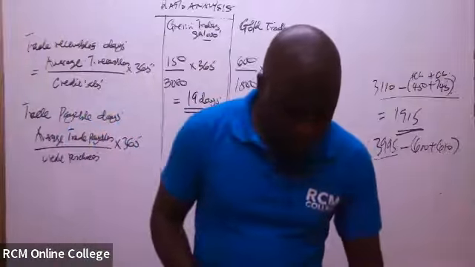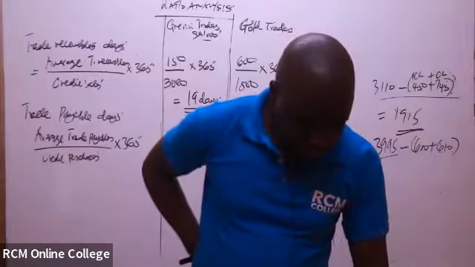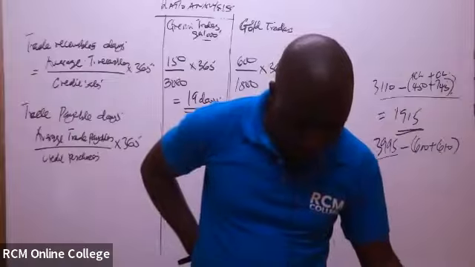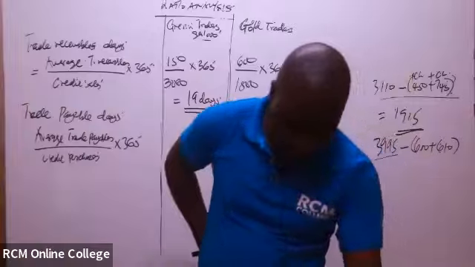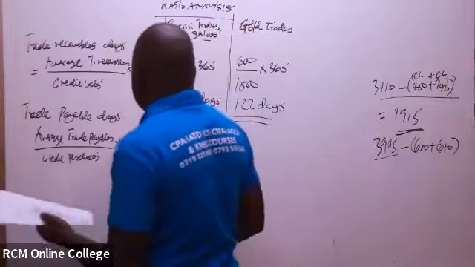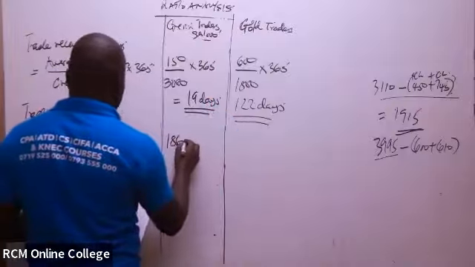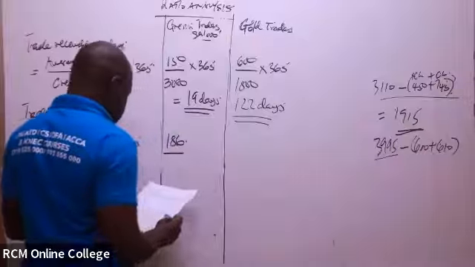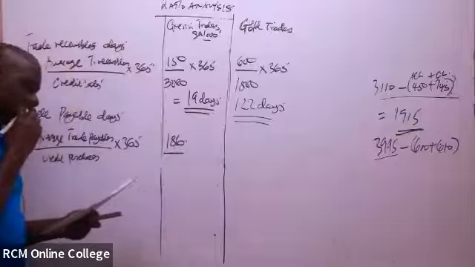The trade payables you can get there: we have in this case 186 and 330. So we have 186 over the purchases. You've been told all the purchases are on credit.